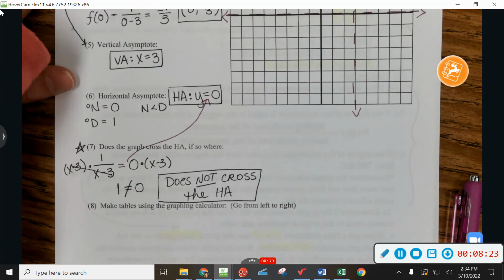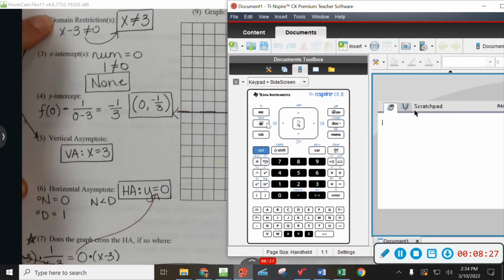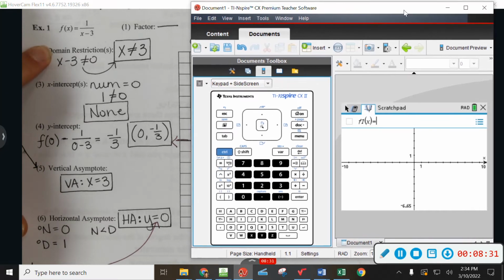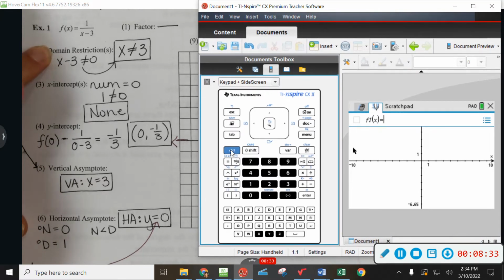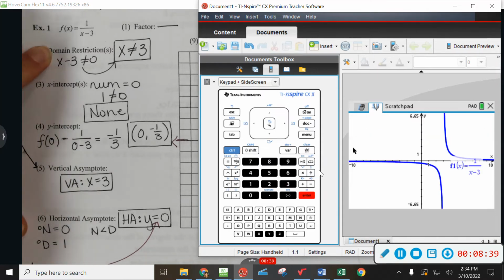Then I'm going to go to my calculator, go to my graph, and type in my original function, 1 over x minus 3. Go to my table.